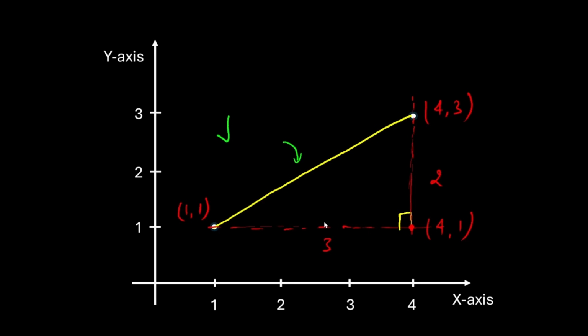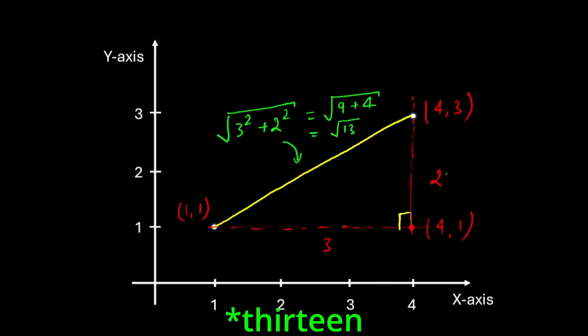Base is here 3, so 3 square plus height square, which is this 2, so 2 square, which is equal to 3 square is 9 and 2 square is 4, so square root of 13. So if we have 2 points at random position, we have to find the horizontal distance between them and the vertical distance between them. And we use Pythagoras theorem, which gives us the distance between them.